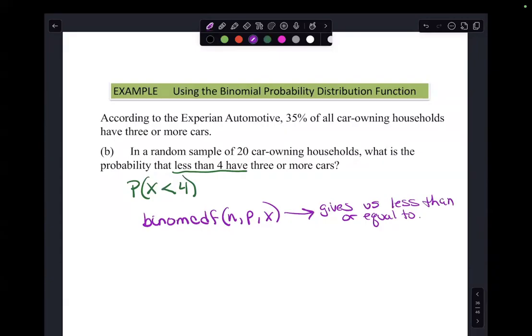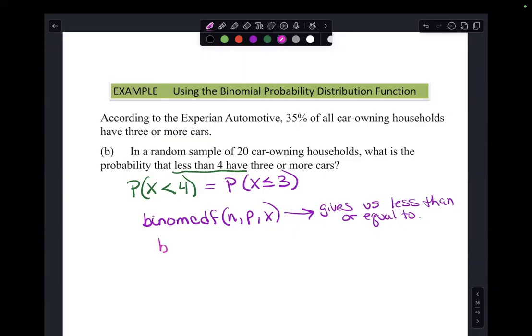Less than 4 means either 0, 1, 2, or 3, right? So this is the same thing as the probability that X is less than or equal to 3. So if I'm looking for the probability that less than 4 have 3 or more cars, I need the probability that X is less than or equal to 3.